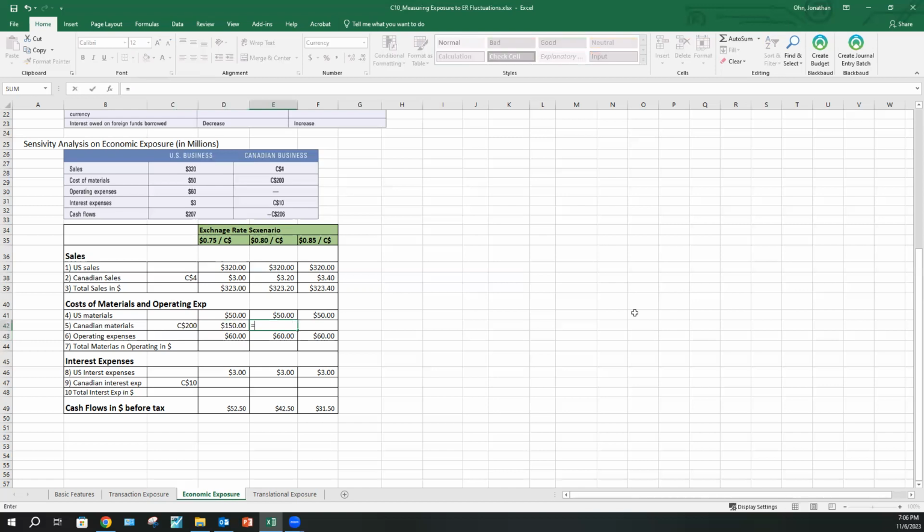And this one is 200 million Canadian dollars times 0.80, and 200 million Canadian dollars times 0.85. Operating expenses is given as $60 million.